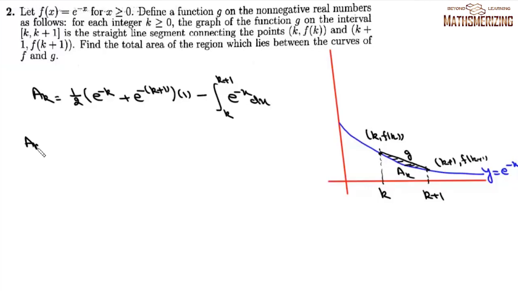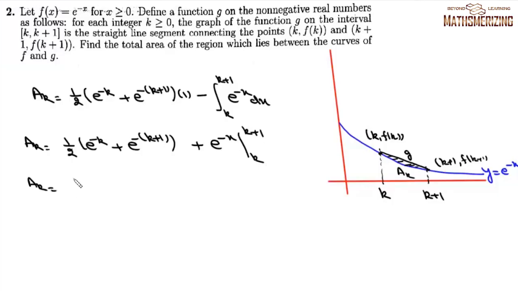Now we can write this A_k as 1/2 (e^(-k) + e^(-(k+1))) plus e^(-x) evaluated from k to k+1.